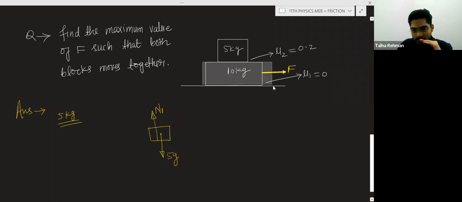Now see, you are applying a force on this block of 10 kg. So this 10 kg block has the tendency to move in this direction.